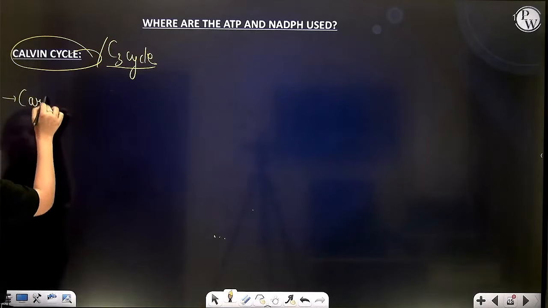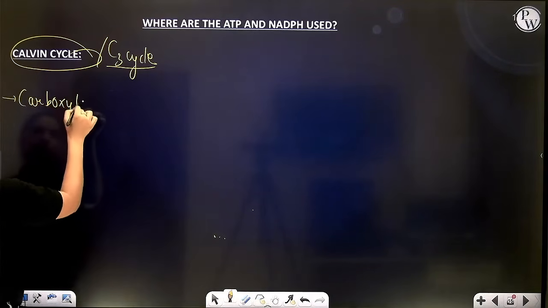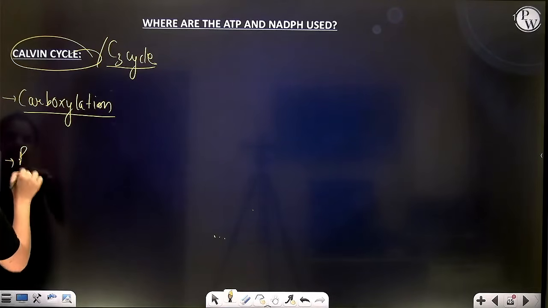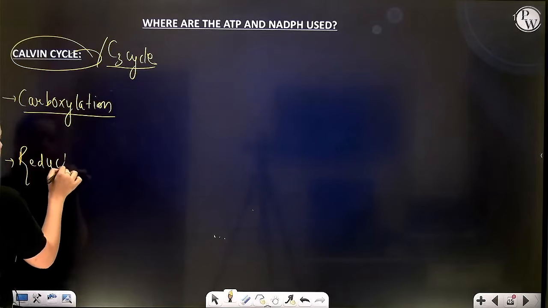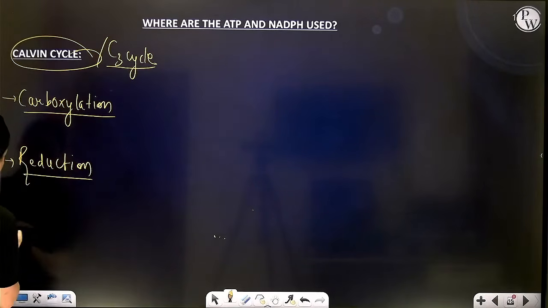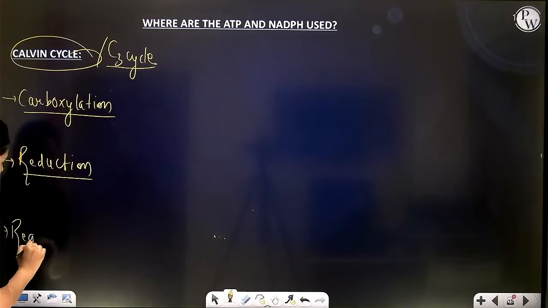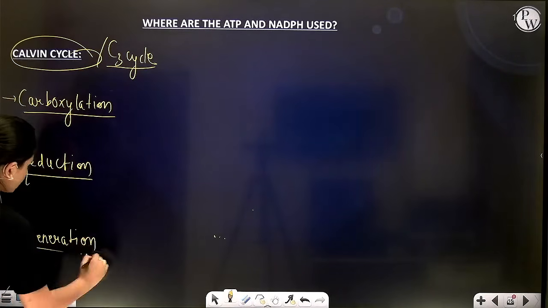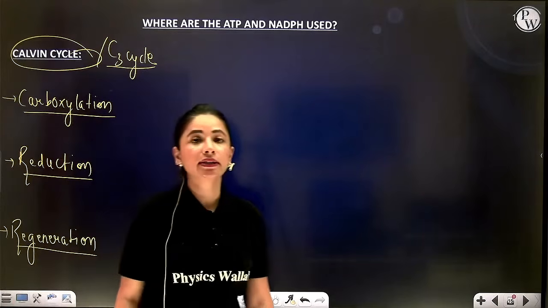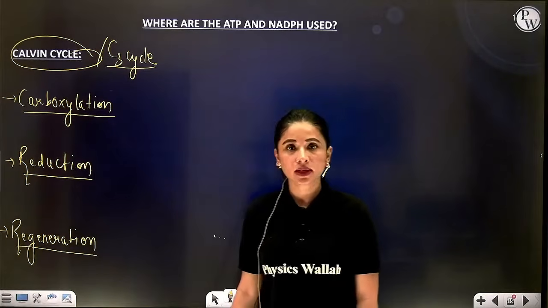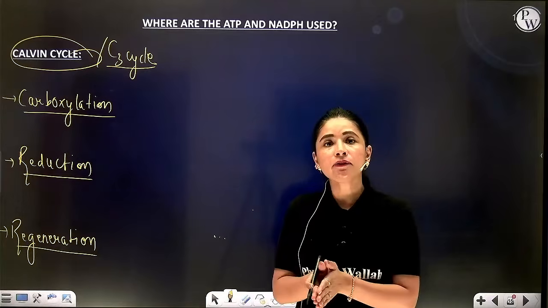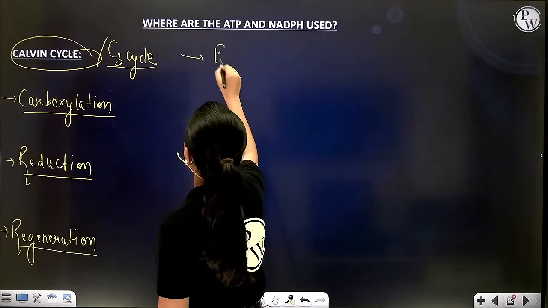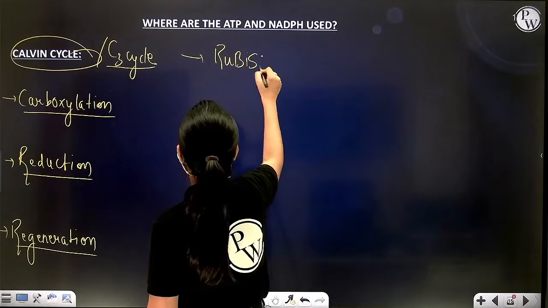Number 1 step is carboxylation, which is the most crucial step of the entire cycle. Second is reduction, and third step is regeneration. Regeneration is also a very crucial step in order to maintain the continuity of the cycle. Correct? Now, the enzyme which is required for CO2 conversion into glucose is rubisco.